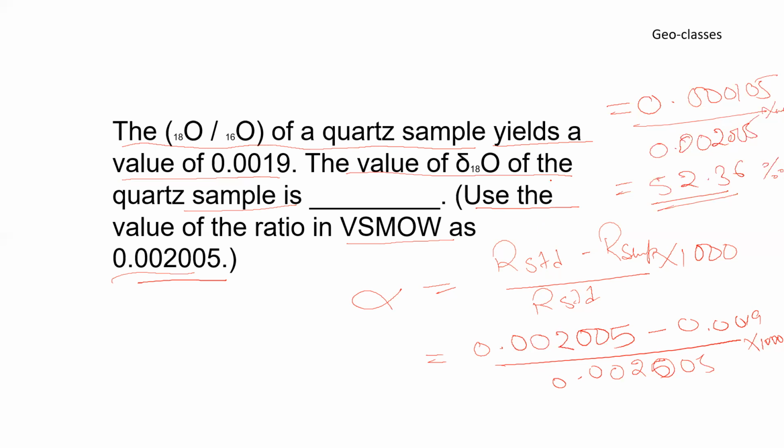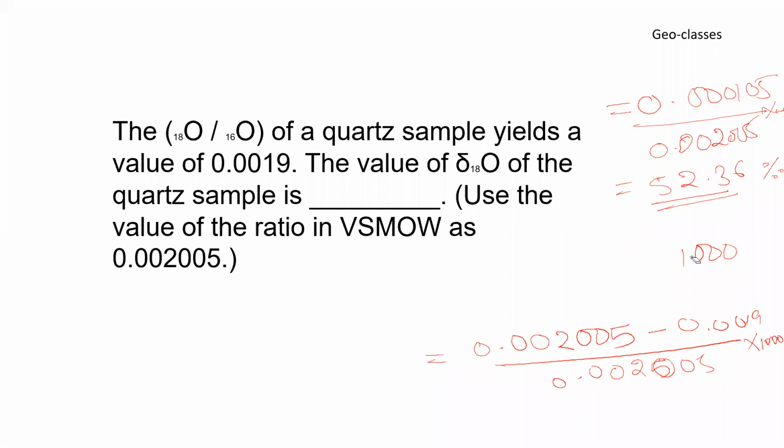If it's clear, then type in the comment box so that we can move on to the next question. Otherwise we'll explain one more time. There are so many numericals which we will be solving again.